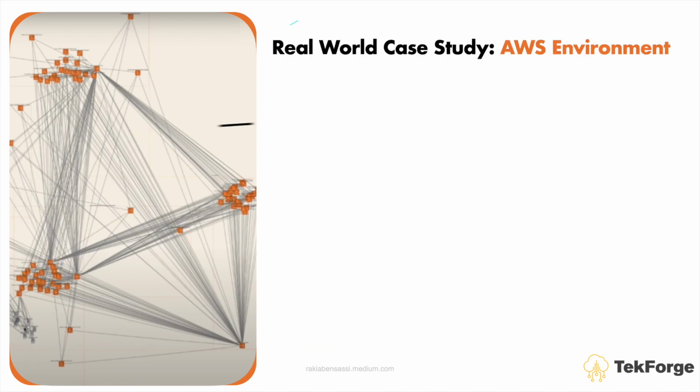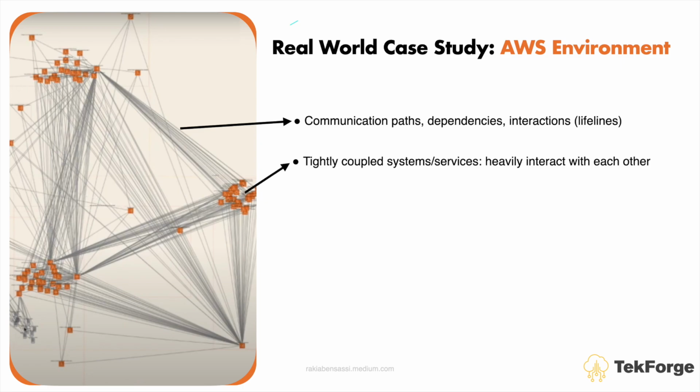The lines between these AWS resources and services illustrate the communication paths, dependencies, and interactions, which are the lifelines of the cloud ecosystem. The clusters of nodes indicate tightly coupled systems or services that heavily interact with each other, possibly representing individual microservices, applications, or storage clusters within the environment.